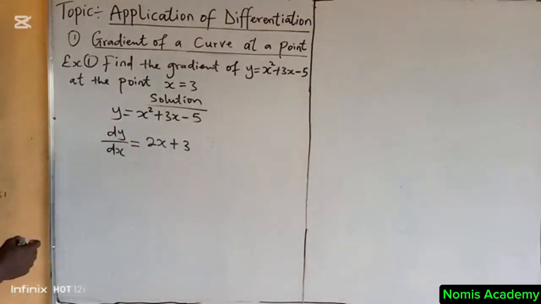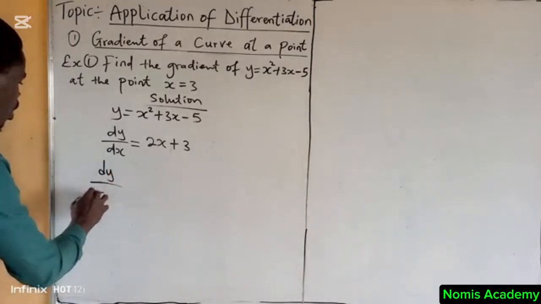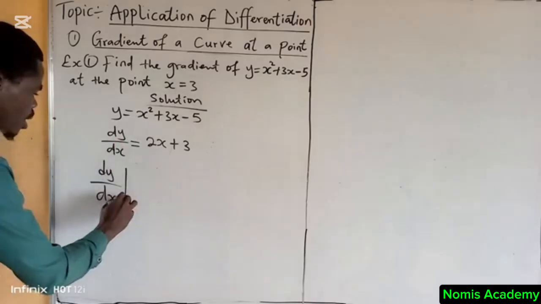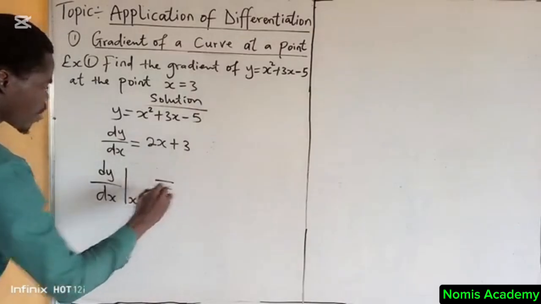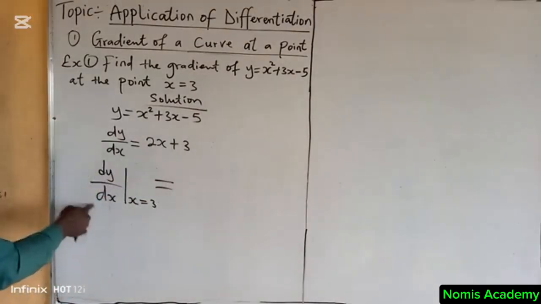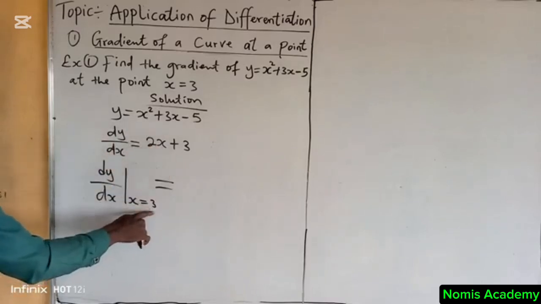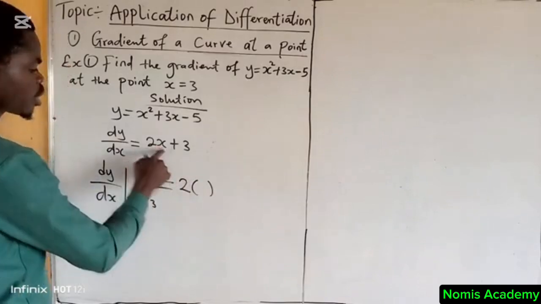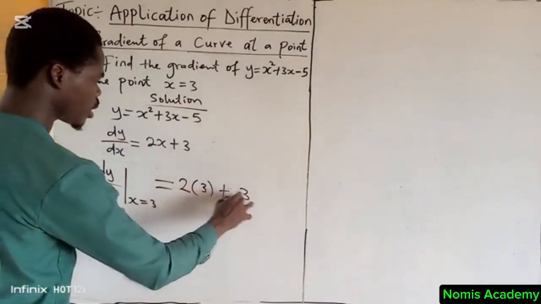To continue with the solution, now we are looking for the derivative of the curve, or the gradient of the curve, at the point x equal to 3. So here we have 2, and in place of x, we put down what? 3, plus 3.